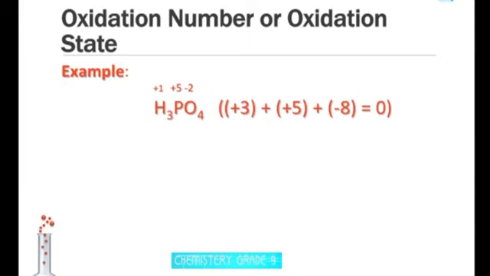But since this compound does not have a charge, it all must equal 0. So hydrogen, there are 3 hydrogens, so 1 times 3 is +3. Let's go to the oxygen next. We know that it's -2, but there are 4 of them, so it's -8. We know that it has to equal 0. So that means phosphate has +5.